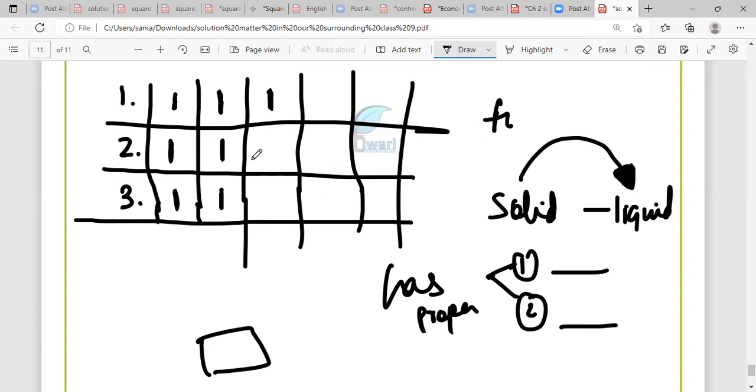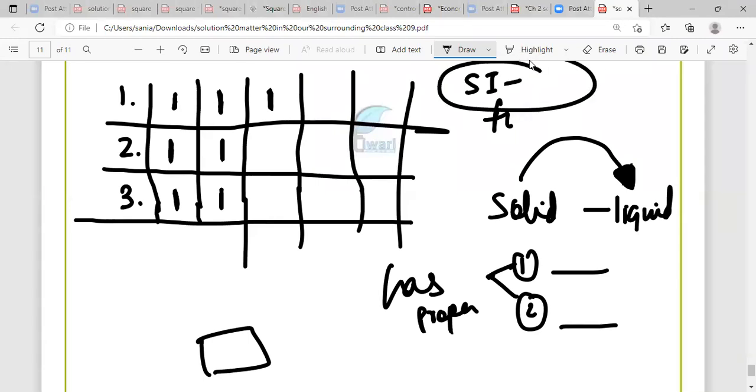Next to Jasleen. What is the SI unit of temperature, Jasleen? Options are Celsius, Kelvin, none of these, or both A and B. What is the SI unit of temperature?